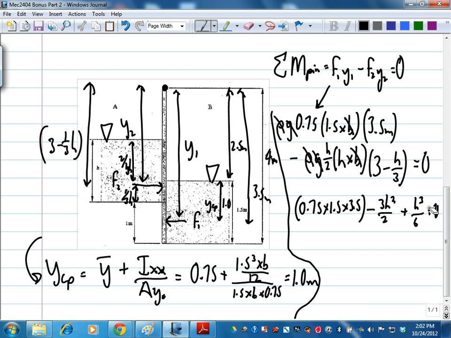Okay, a bit hard to solve, but can be solved. All right. I think I'm supposed to just leave it like that. Okay.